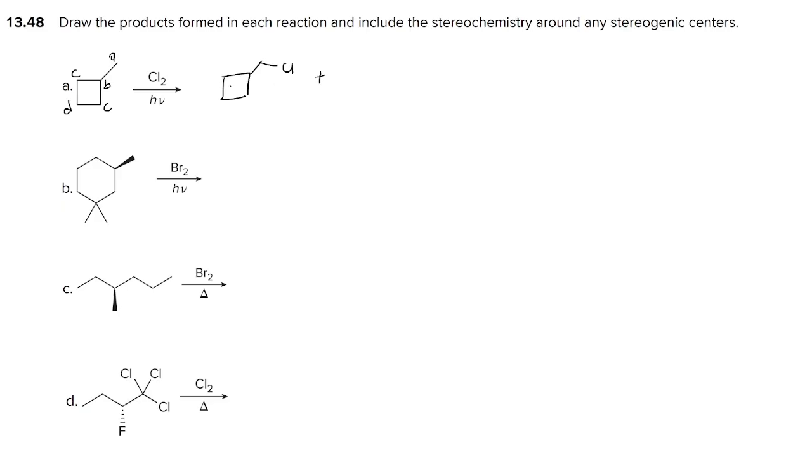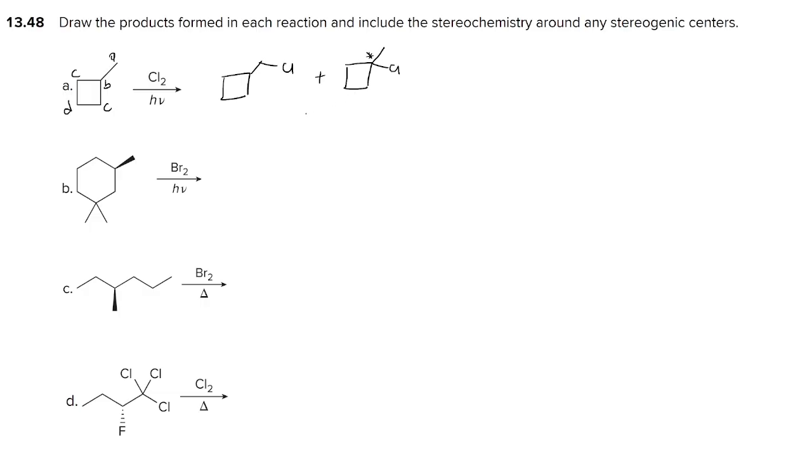The second molecule at position B. If you look here, this carbon is a chiral carbon, so we have to include stereoproducts.